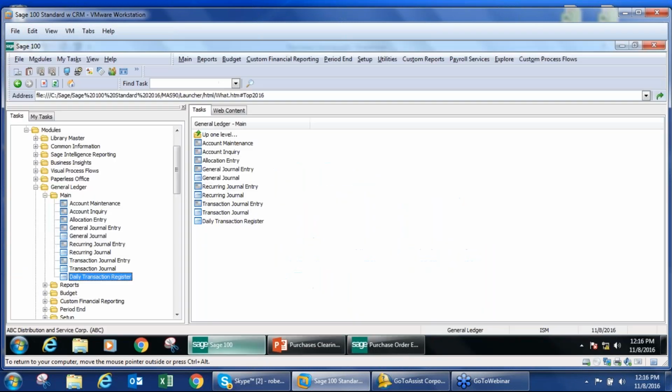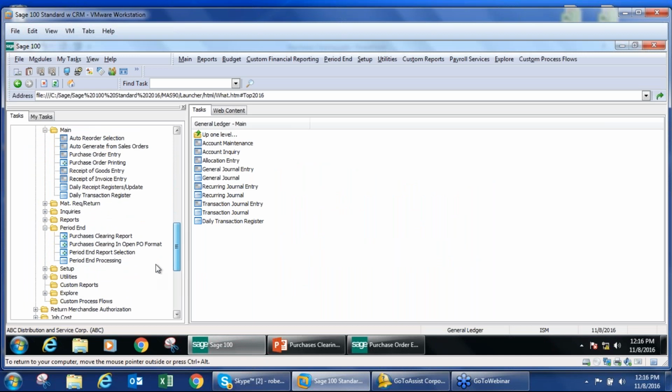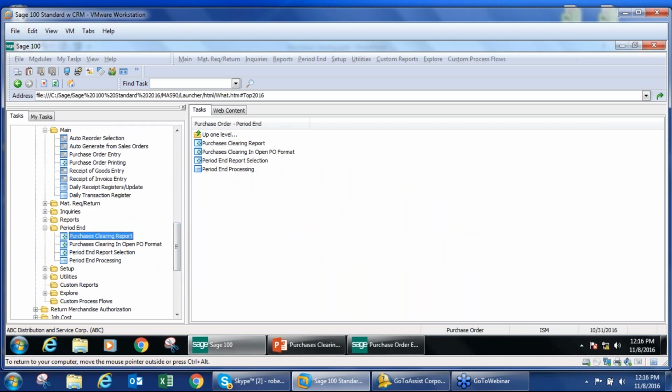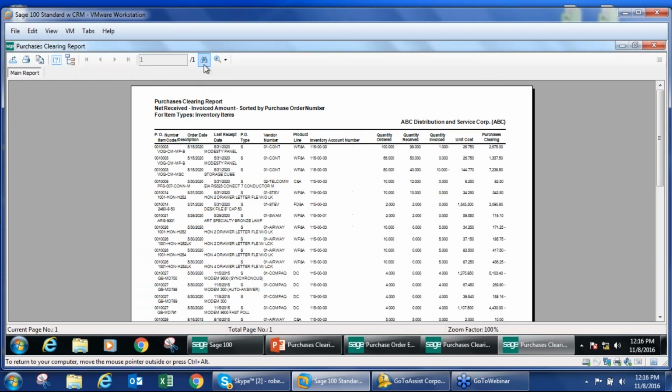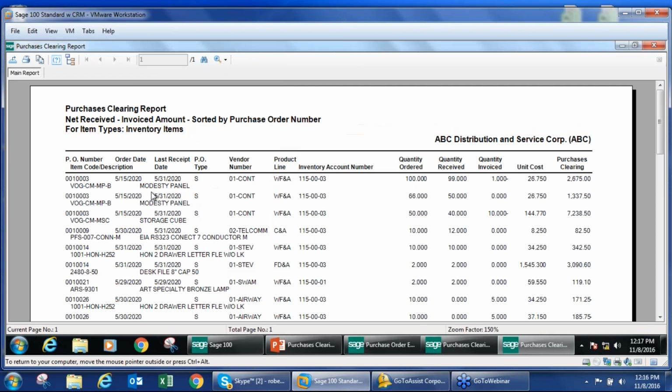So if we run our purchases clearing report and we see maybe one entry from 5 months ago where we received 99, but yet our invoice amount is incorrect. Well, when I see a situation like this, my first thought is, we received the goods, but yet our vendor did not invoice us.